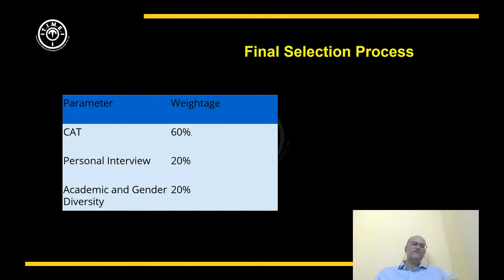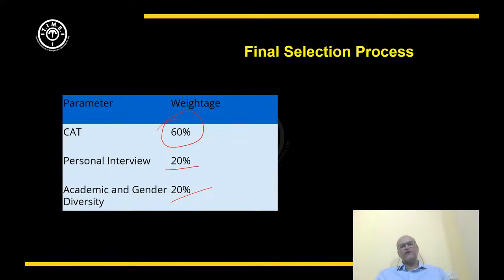CAT will have a humongous weightage of 60%. So CAT, again, I want to reiterate, plays a good amount of role. Then the interview would have 20% weightage, whereas the remaining 20% will be the weightage for academic profile and gender diversity. So this is how IIM Rohtak carries out the final admission process.